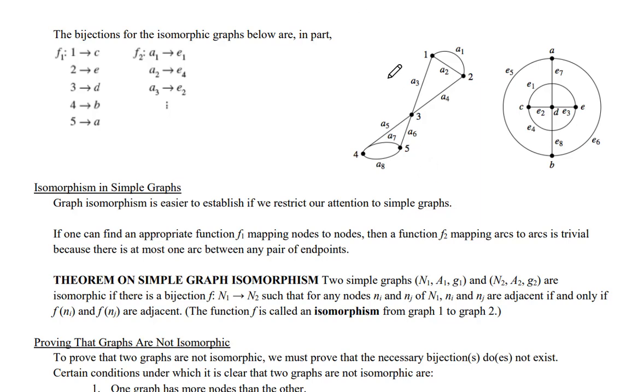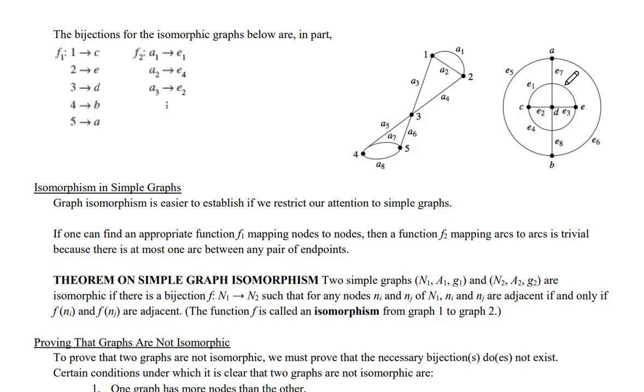Based on the definition, if we have a function that maps every node in one graph to a node in the second graph, and another function that maps every arc in one graph to an arc in the other graph, then they are isomorphic. Bijection means there is a one-to-one and onto correspondence.